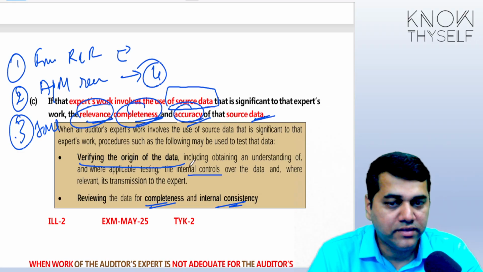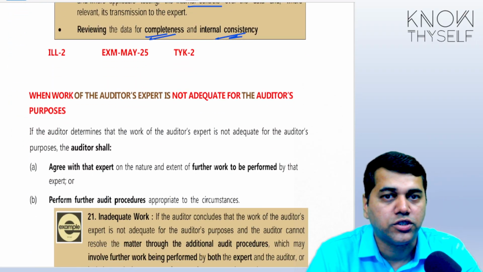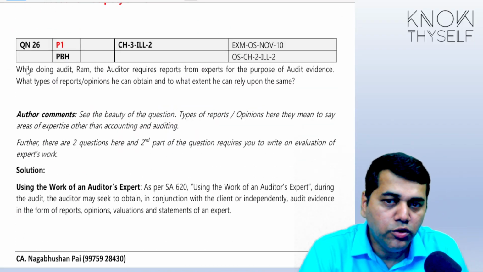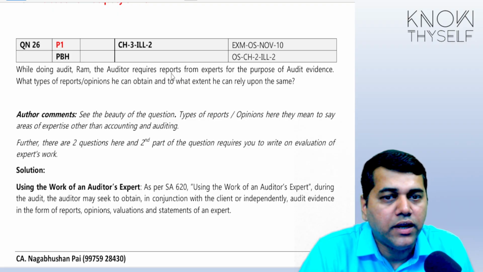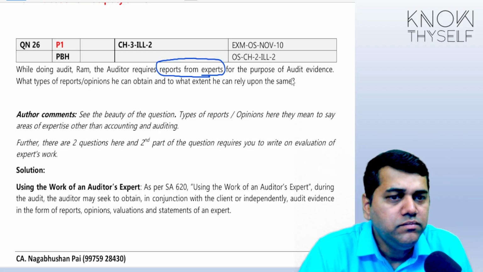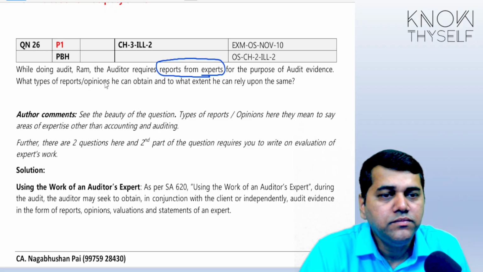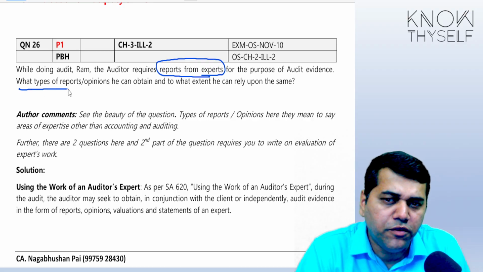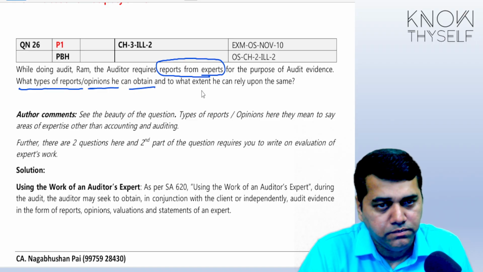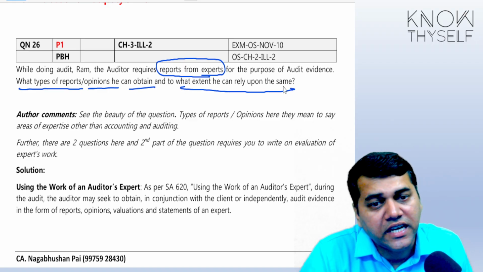Yes, let us see one examination question and illustration, how they are going to ask you. While doing the audit, the auditor requires a report from an expert. This is the keyword: for the purpose of audit. What type of reports or opinions can he obtain, and to what extent can he rely on them?